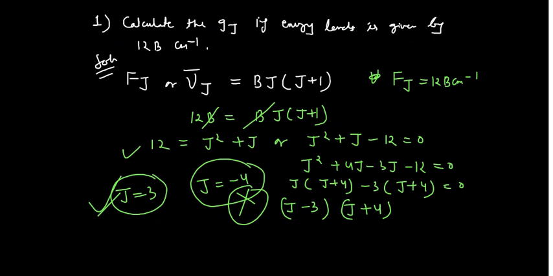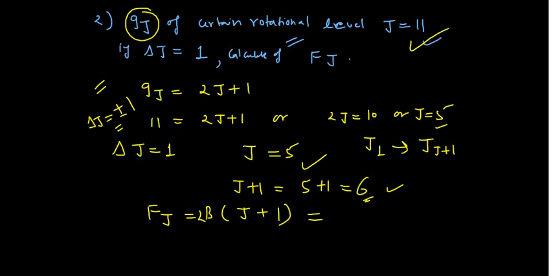This is for your energy term, and I have to calculate delta Fj, right? When I do for delta Fj, then my formula would be 2B into j plus 1. This is a little different formula. I have derived this also in the second expression. Sorry, we cannot use the formula shown on the last page. So 2B is already there, no problem in that. And j plus 1, you know, it is 6. So 6 twos are 12, 12B.